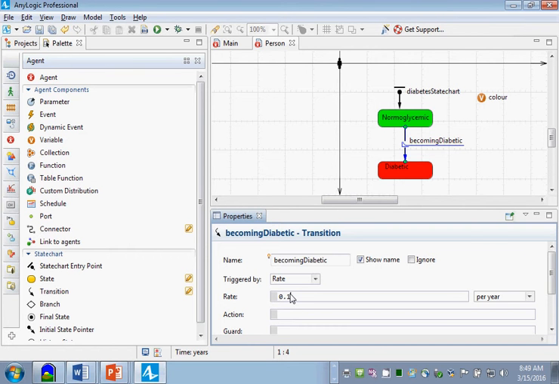So this is a hazard rate, and it implies, as a logical mathematical fact, that the residence time is exponentially distributed. But the key distinguishing feature of a hazard rate is that no matter how long you've been there, that same hazard rate applies.